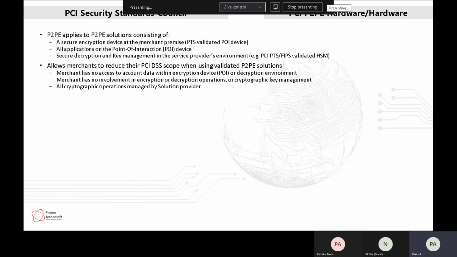Then we have P2PE, hardware to hardware. So it basically is for a point of interaction device. If you go to a Reliance Trends or a Reliance Digital, they have a very small device which is again a pin entry device only, where you insert the card, you tap on the pin, and you don't get the receipt out, but rather you get an SMS on your mobile that the transaction is done.